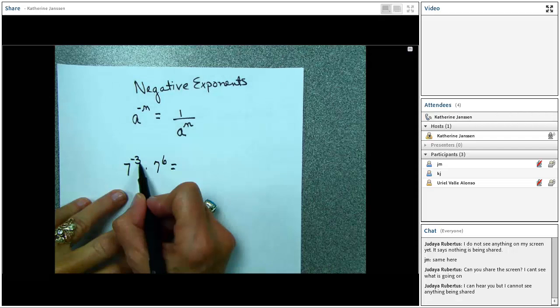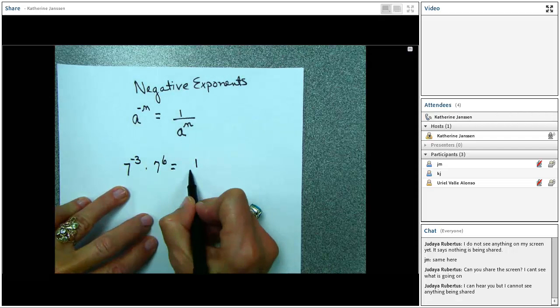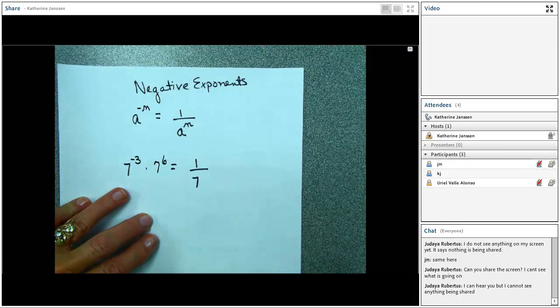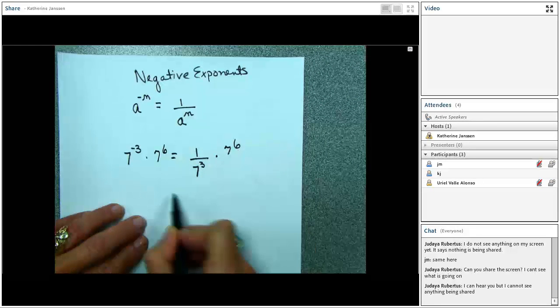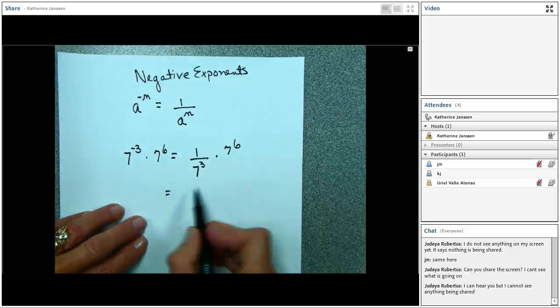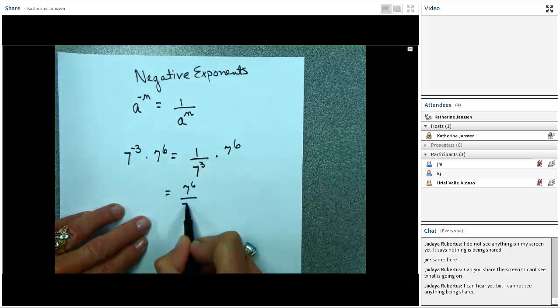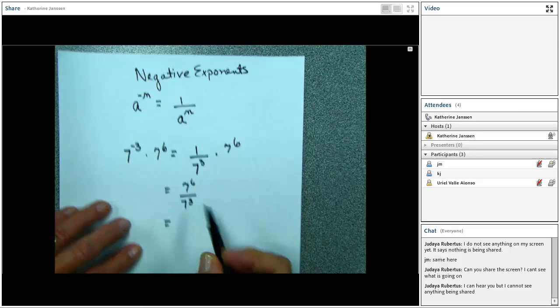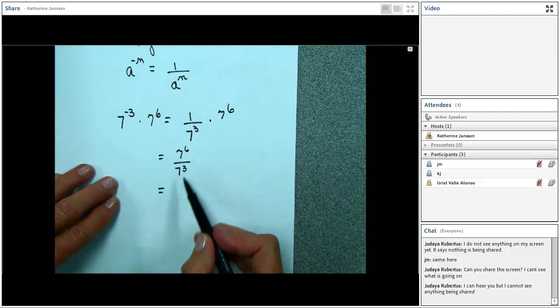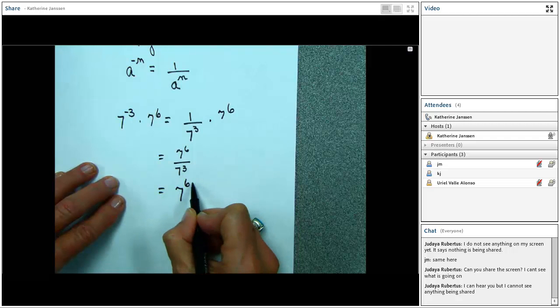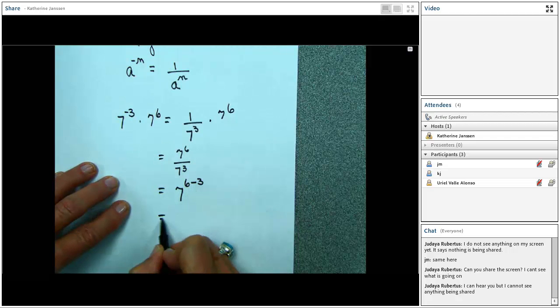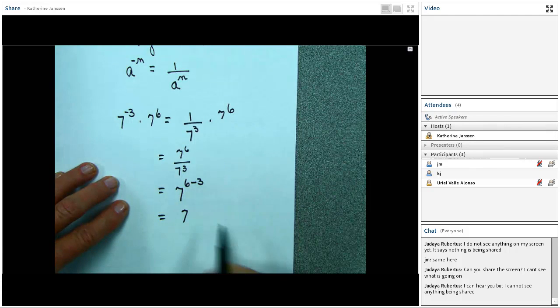I have a base raised to the negative exponent, so I take the base to the denominator and change the sign of the exponent. 1 times 7 to the 6th would be 7 to the 6th over 7 cubed. Now I have the same base in division, so I keep the base and subtract from the numerator's exponent the denominator's exponent, and end up with 7 cubed.